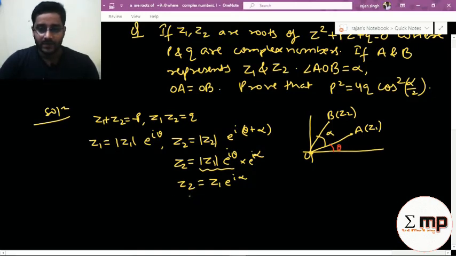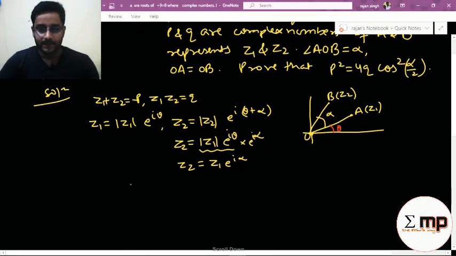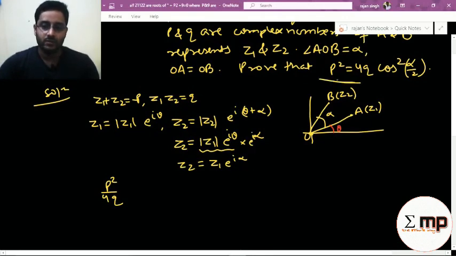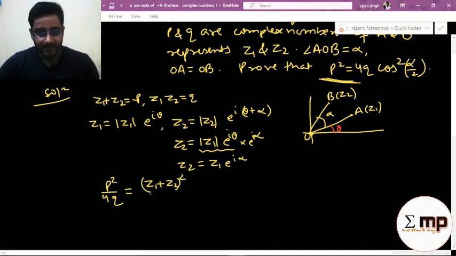Problem given: prove that p square upon 4q equals cos square alpha by 2. That's what we are trying to prove. So the value of p square is z1 plus z2 whole square, divided by 4 times q, which is z1 into z2.